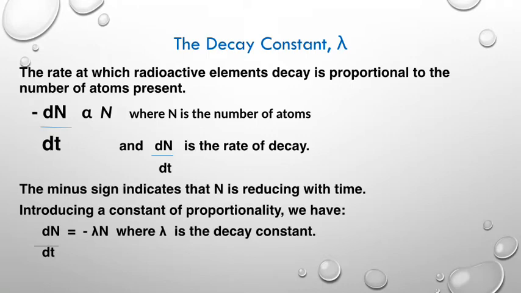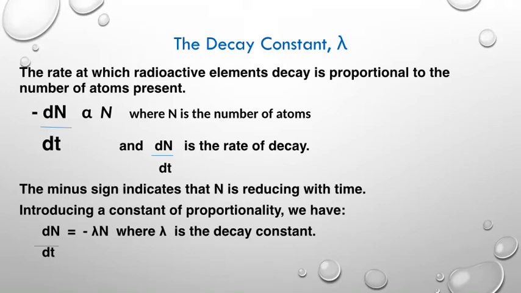The decay constant. The rate at which radioactive elements decay is proportional to the number of atoms present. I say again, the rate at which radioactive elements decay is proportional to the number of atoms present. And in physics, we already know that when we hear rate, we are talking about time essentially.